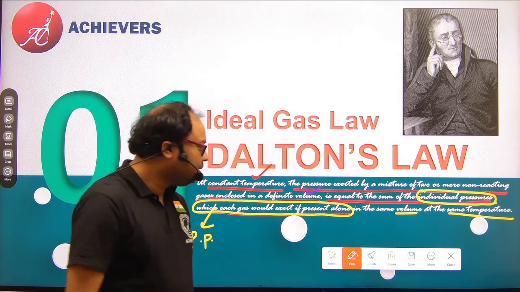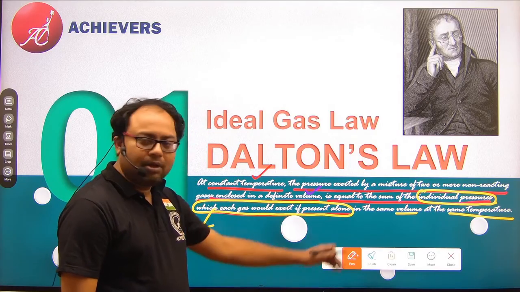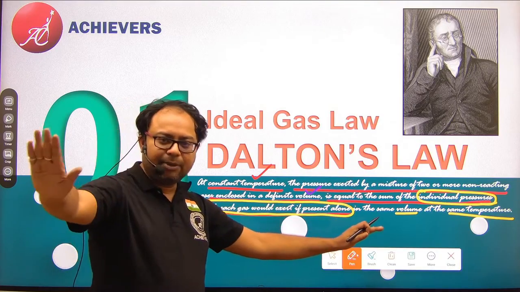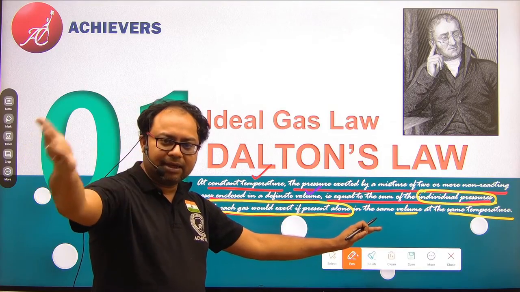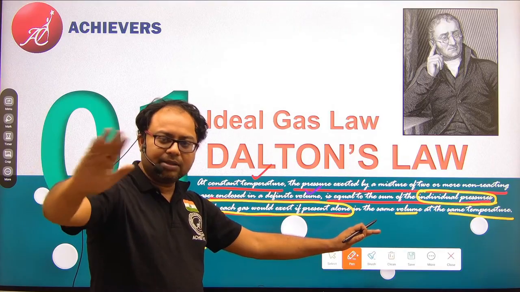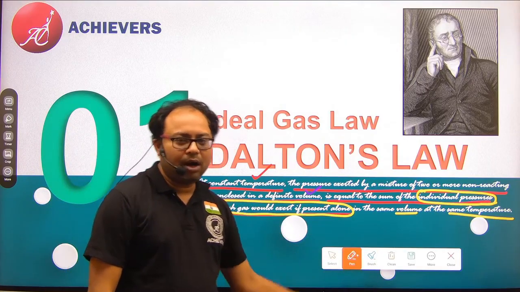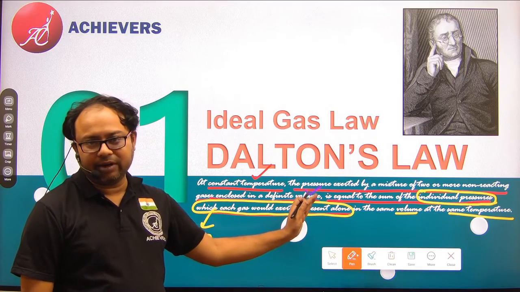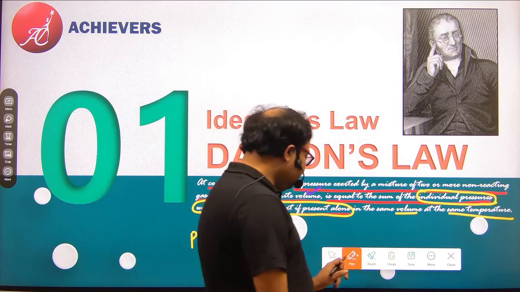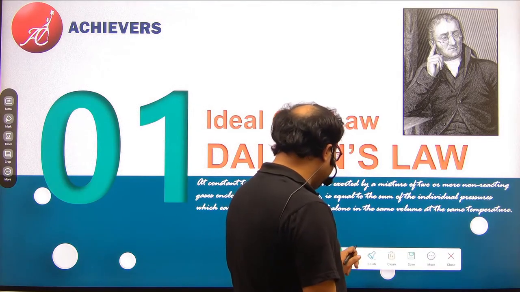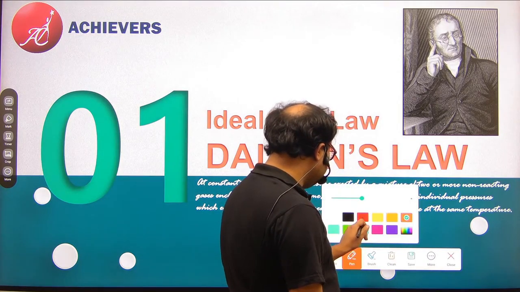Understood? Okay. So this was the statement. At constant temperature and volume, the total pressure exerted by a mixture would be equal to the sum of the individual partial pressures. That's what Dalton is saying over here. So this is quite understandable. Now let's move to the next slide.